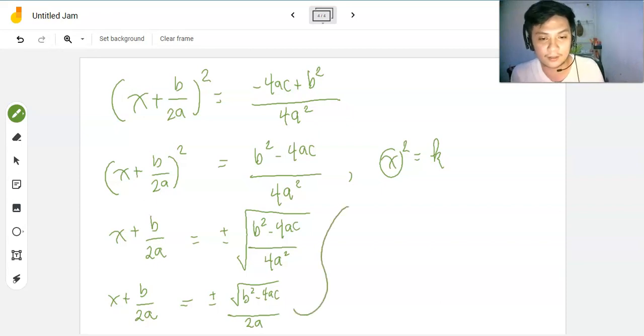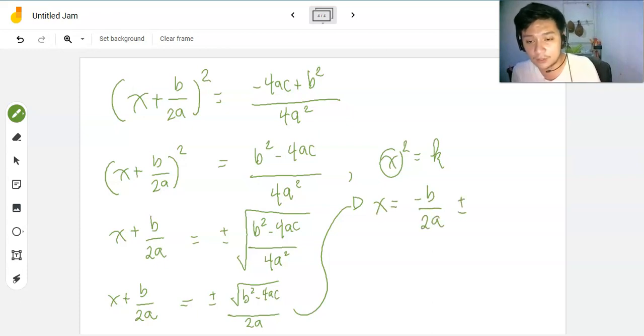And what can we do? Here in this space, we can transpose the positive b over 2a as negative b over 2a to the right-hand side, and it is better to place it before the plus or minus sign. So, x equals negative b over 2a plus or minus the square root of b squared minus 4ac over 2a.